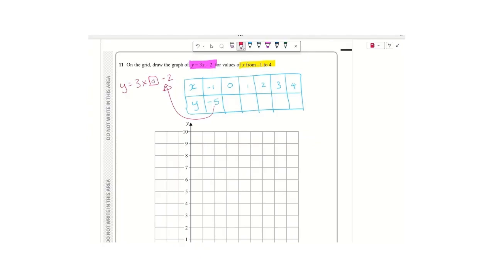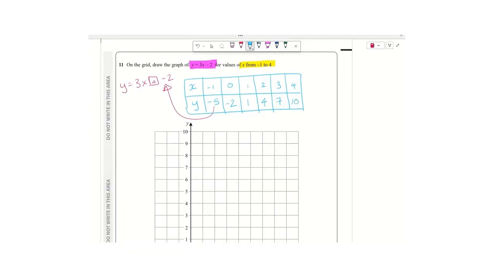Change it to a 0, and you'll get an answer of -2. You can change it to a 1, and you'll get an answer of 1. You can change it to a 2, and you'll get an answer of 4. You can change it to a 3, and you'll get an answer of 7. You can change it to a 4, and you'll get an answer of 10.